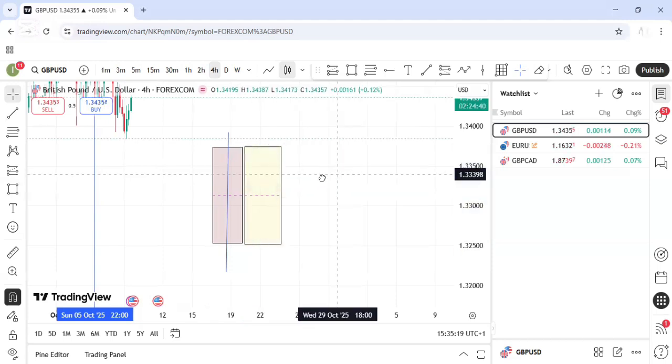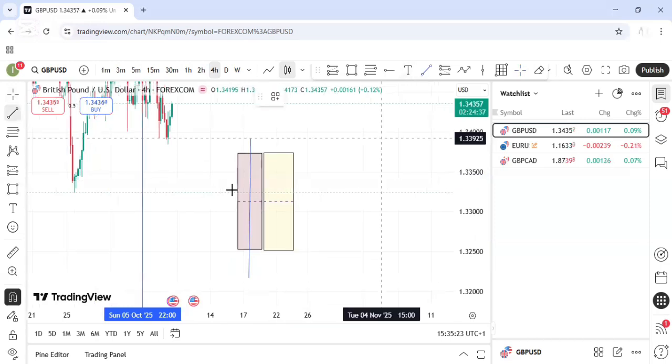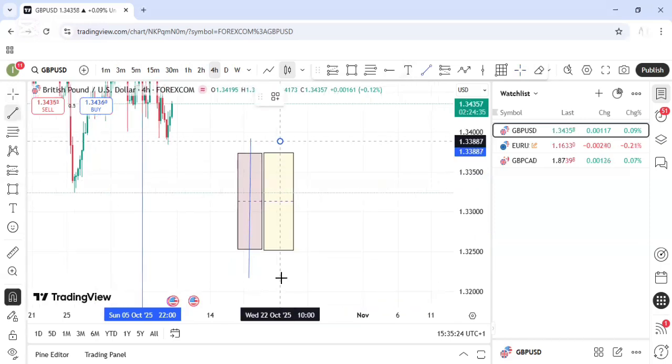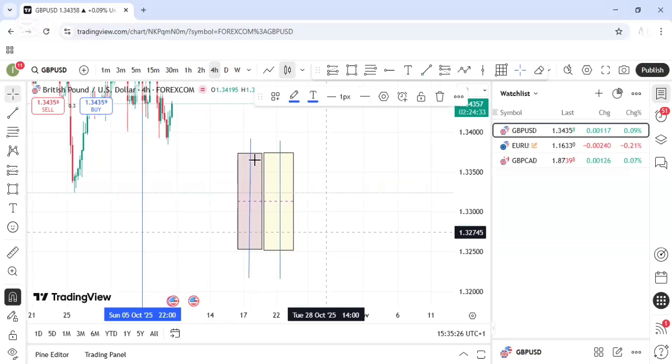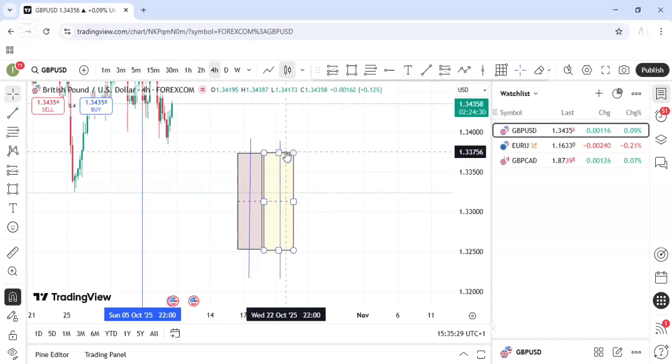So two candles open side by side. The first one is a bearish candle. The second one is a bullish candle.